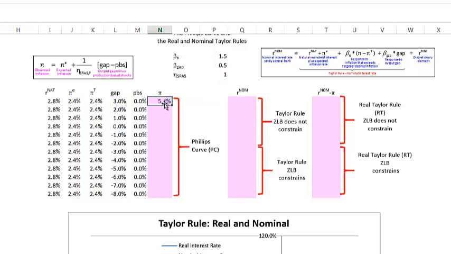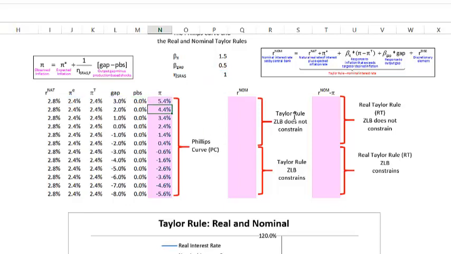So now we see that in our first example, when the gap is relatively high, 3%, the inflation rate is far above the expected inflation rate. It's at 5.4%. But now what we're going to do is copy this down here, and we can do that because we have nailed down the elasticity here. And what do we find?